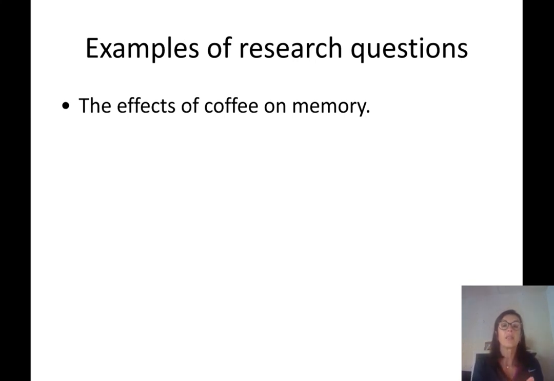Group 2 gets just half of that amount, the same time, half an hour before the test. And group 3 is my control group. They didn't get any coffee. And then all 3 groups get the same test. So now I have something to compare to. This is the language we use in research: how I manipulated the independent variable, how I manipulated the variable coffee.